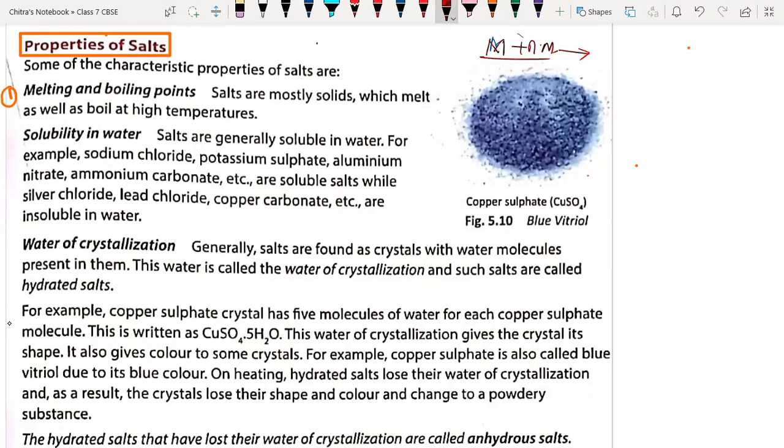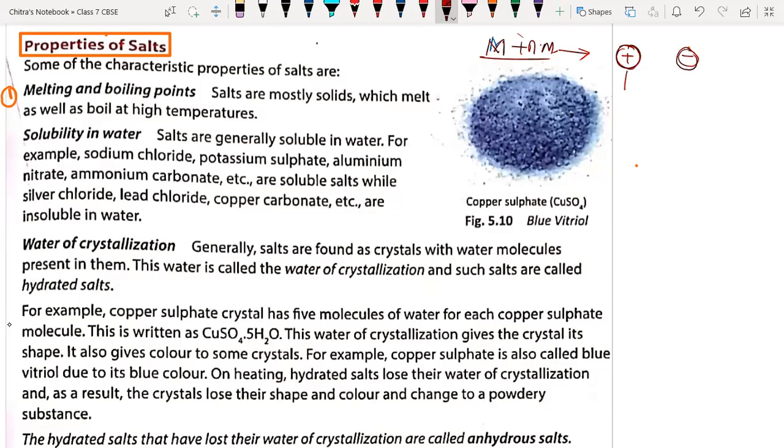Salts are formed by a positively charged metal ion and a negatively charged non-metal ion. The charges on the ions are opposite, one positive and the other negative.